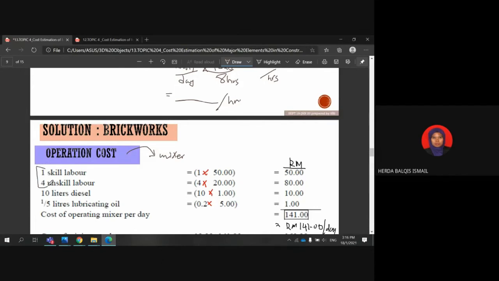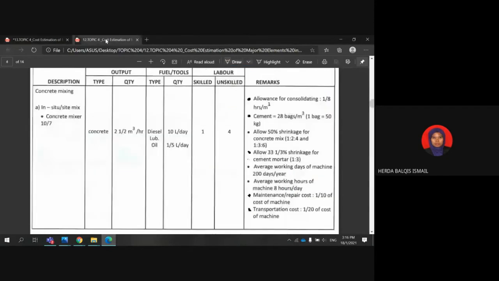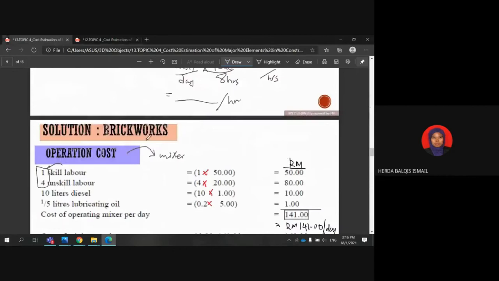Where do you get this constant? You need to refer to the concrete table of constants. Here it is stated, for concrete by using a concrete mixer, this is the constant that you need to consider: 1 skilled labor and 4 unskilled labor. That's why you put in this estimation.